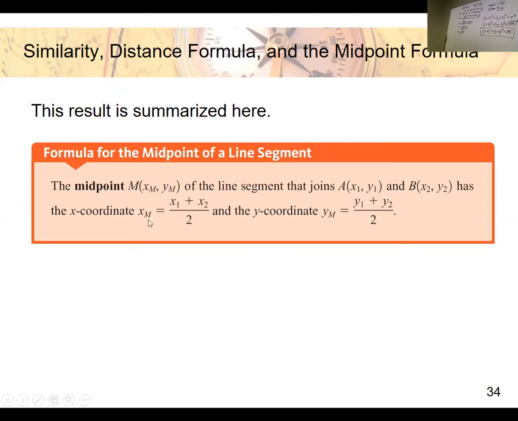That means the X coordinate, X sub M, would be X1 plus X2, that sum divided by 2. And the Y coordinate, Y sub M, is equal to Y1 plus Y2 divided by 2. So for the X coordinate of your midpoint, you add the 2 X coordinates together, divided by 2. And for the Y coordinate, you add the 2 Y coordinates together and divide by 2.